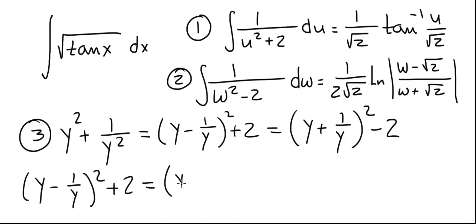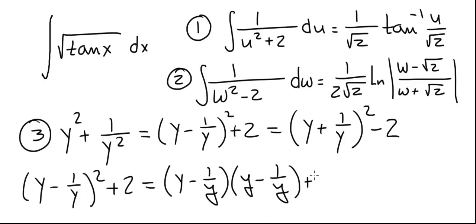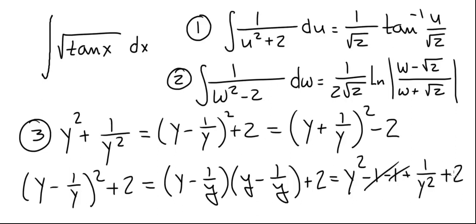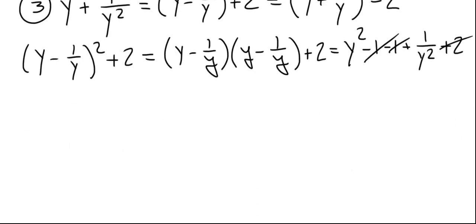This is y minus 1 over y times y minus 1 over y plus 2, which is y squared minus 1 plus 1 over y squared plus 2. So minus 1 and plus 2 cancel, and we end up with y squared plus 1 over y squared.